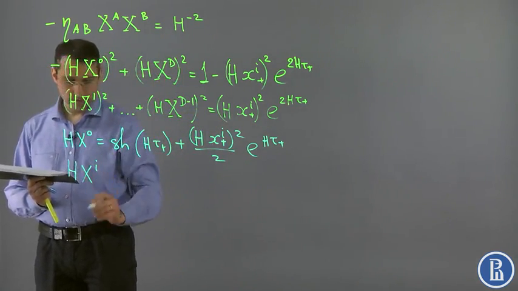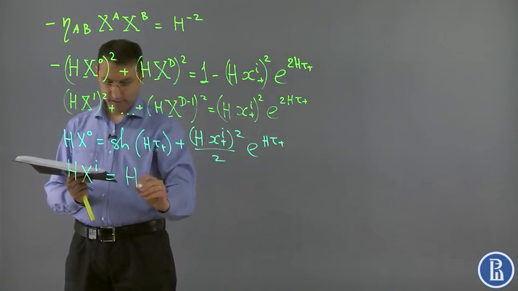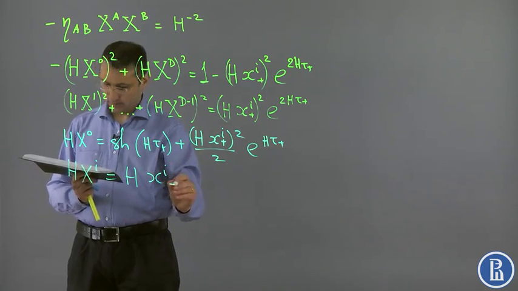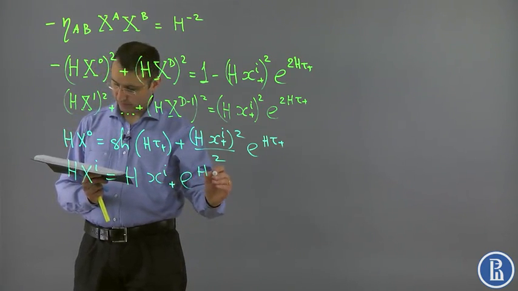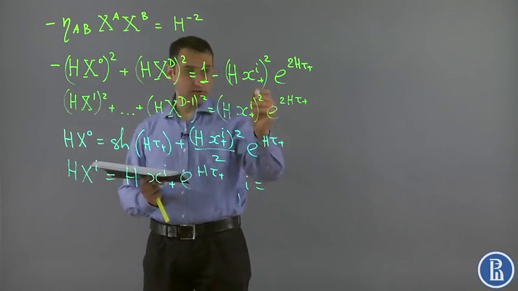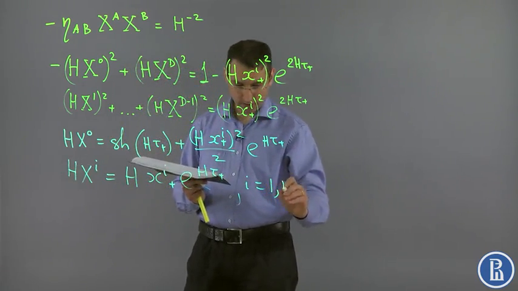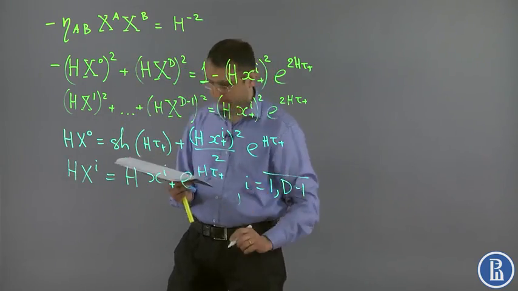Then hxi will be solved like this, hxi plus to the exponent of h tau plus, where I, both here and here, is ranging from 1 to d minus 1.